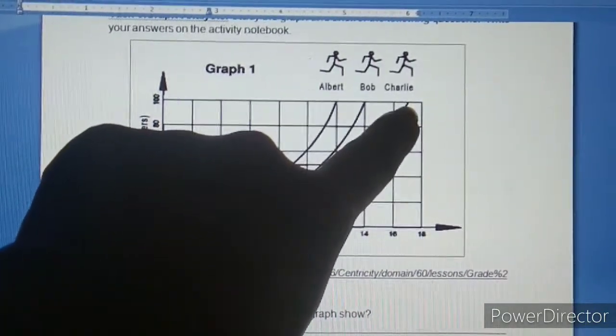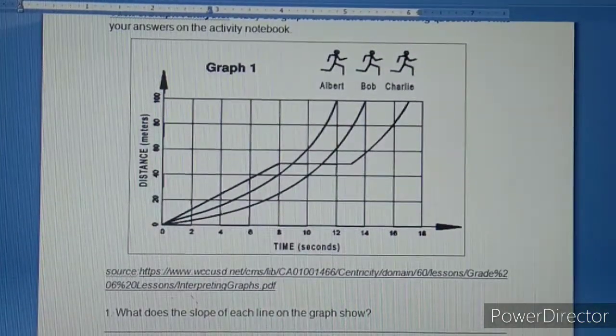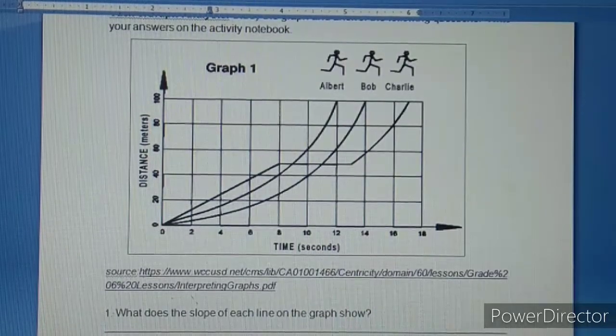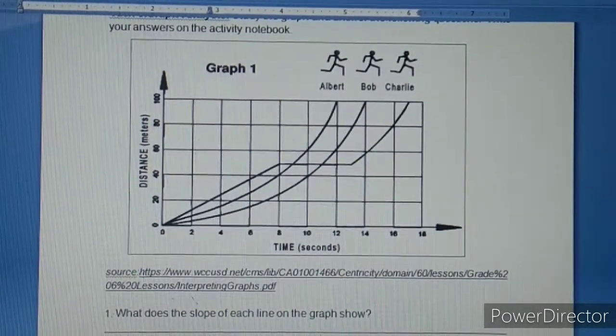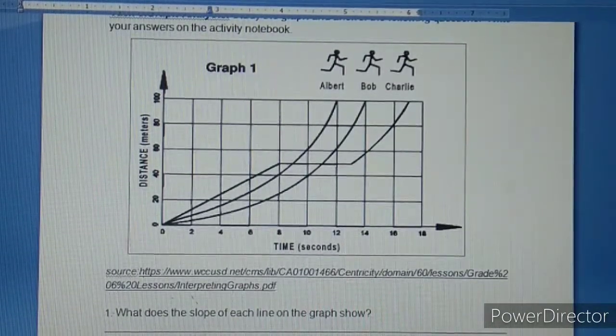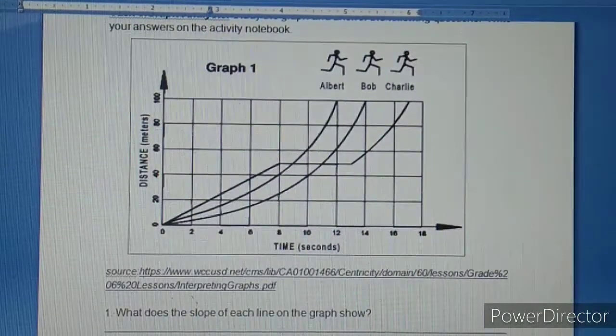Charlie finished within 17 seconds. So that's the correct answer for number 5.